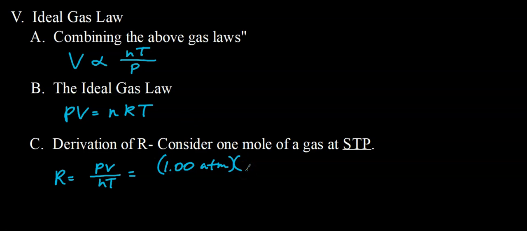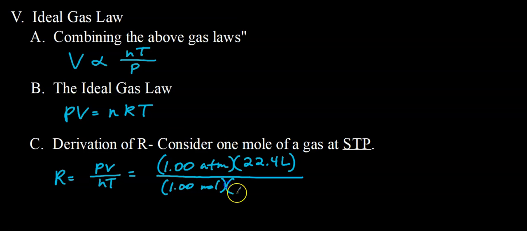What is the volume of 1 mole of an ideal gas at STP? That would be 22.4 liters. Moles, we said 1 mole. And temperature, standard temperature, we want that in Kelvin, is 273 Kelvin.